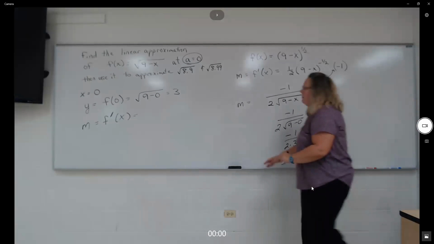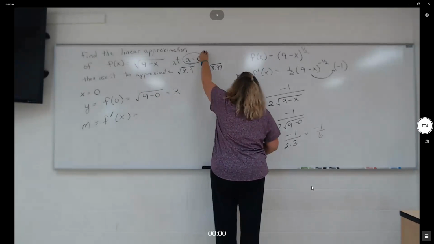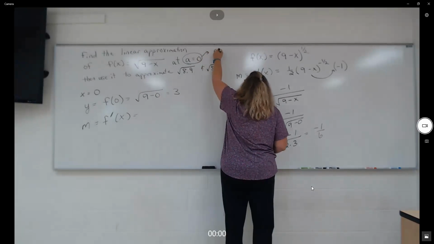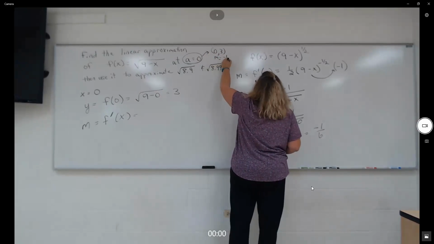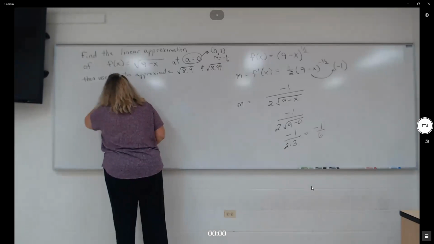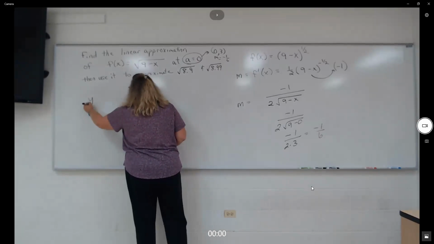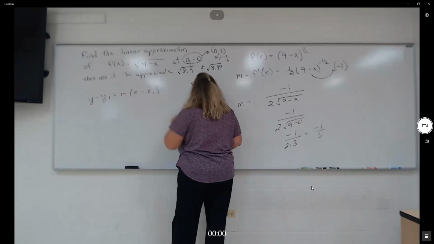Okay, so let's rewrite. This gives us the point 0, 3, and then a slope of -1/6. All right, so now we go y minus y1 equals m times x minus x1.